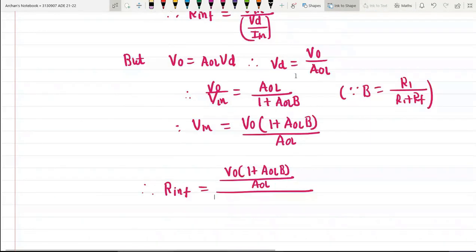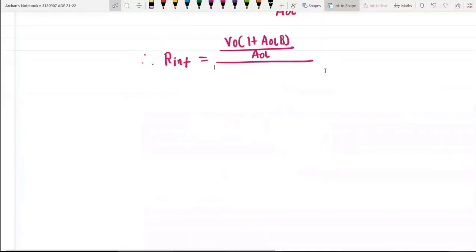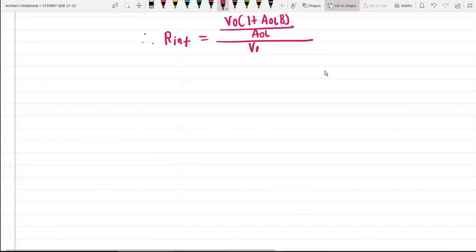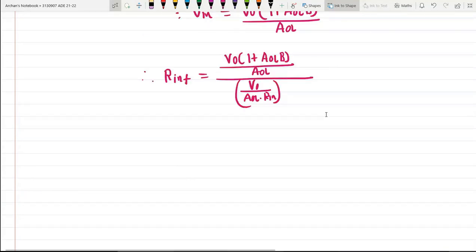What is Vd? Vd is V0 by AOL. So Vd by In is V0 by AOL into Rin. Okay, so this is our equation. Now simplify it. We will get R in F is equal to Rin into (1 plus AOL B).